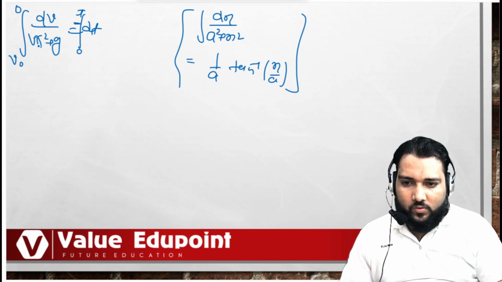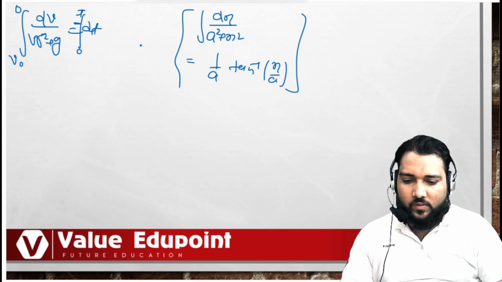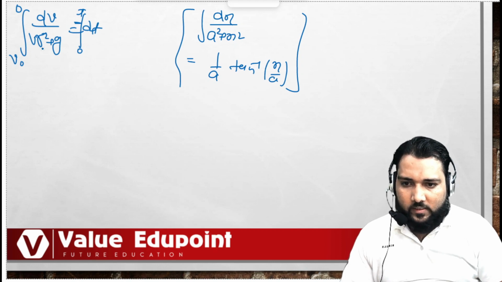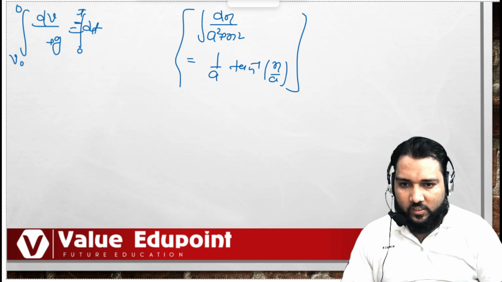Okay, so what I am doing, guys, is taking gamma outside. Sorry, guys, this is not gamma square, this is gamma v square.